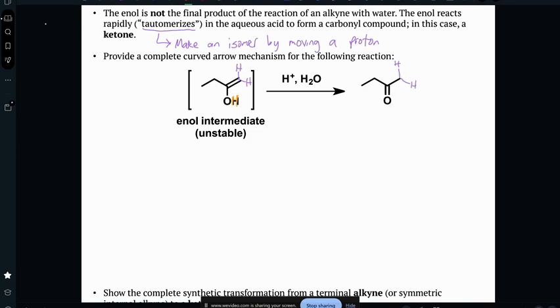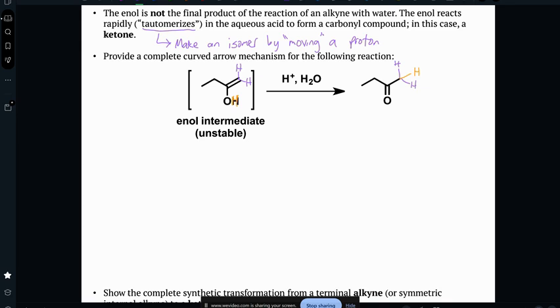In the corresponding ketone, I've essentially moved one of those hydrogens. So how could I carry out a reaction where I am moving a hydrogen from one spot to another? Well, it's not exactly the same hydrogen, so I'm going to put moving in quotes here. They differ in the placement of one proton.